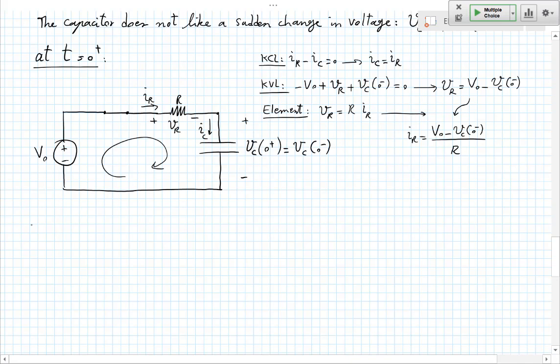So now I will say at t greater than 0, which means from the point t equals 0 plus forward. The circuit is still the same, but the value of Vc is going to change. Now gradually there is going to be some charging or discharging activity in the capacitor. So write your KVL, KCLs, and element relationships, and simplify the equations, eliminate variables, until you get a differential equation that has Vc in it.